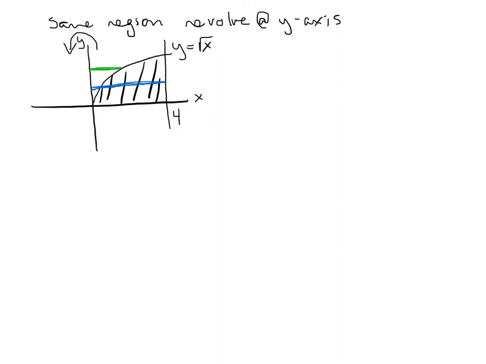And if I drew a radius through the whole region and then revolved that about the y-axis, I get a washer. All right, so we're going to be adding up those washers. This is a washer now because it has a hole in it.